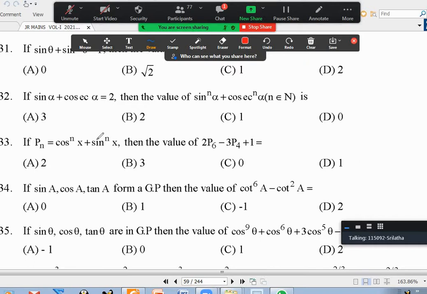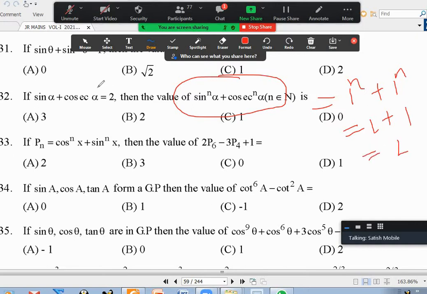Then the value of sin alpha is 1. If the value of sin alpha is 1, then the value of cosecant alpha is also 1, no, sir? Yes, correct. Then we'll substitute the values of sin alpha and cosecant alpha in the given equation. Then we'll get 1 power n plus 1 power n, which is 1 plus 1 equal to 2, sir. Yes, correct.